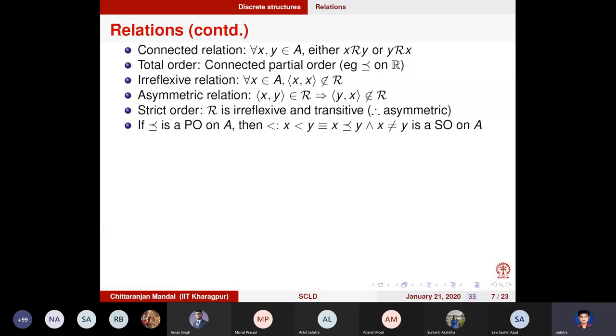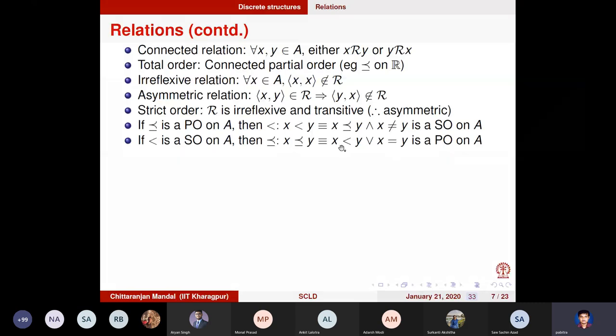Similarly, if less than is a strict order, then I can define a less than or equal to relation as follows. I'll say X is related to Y by less than or equal to if X is less than Y or X is equal to Y. So here also I just slightly extend this definition by ORing it with the equal to condition.